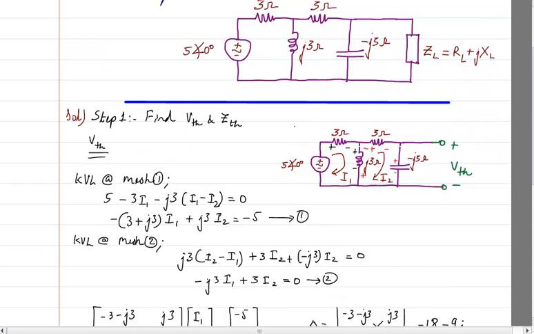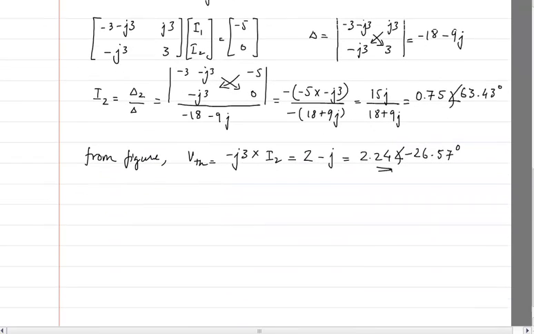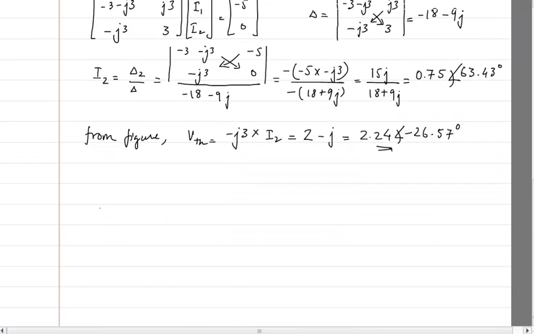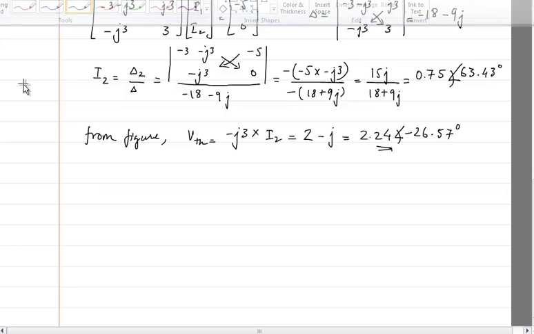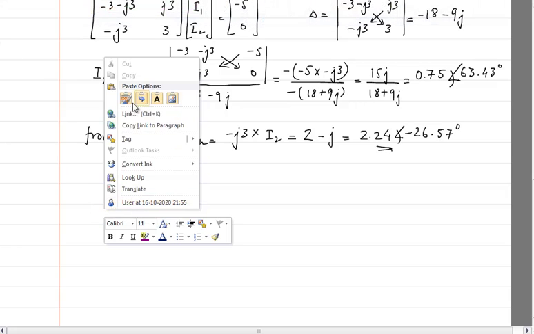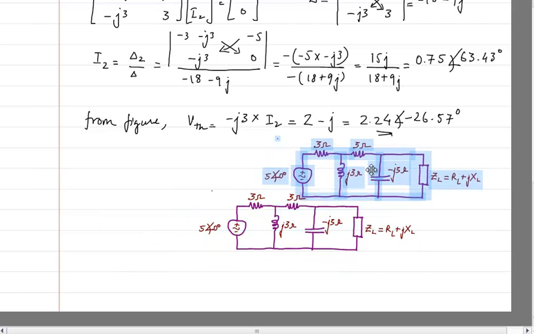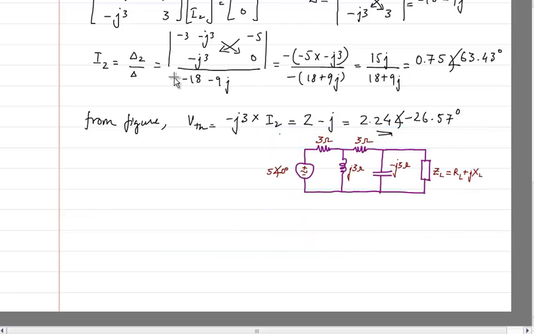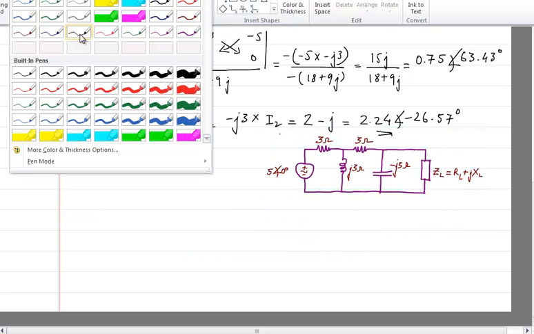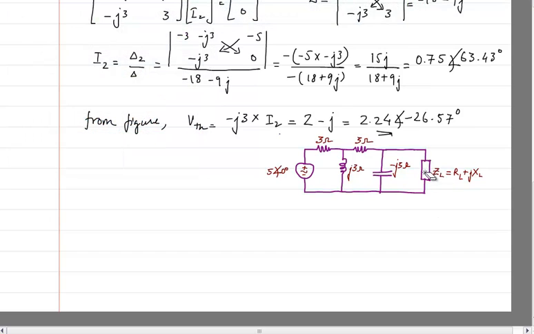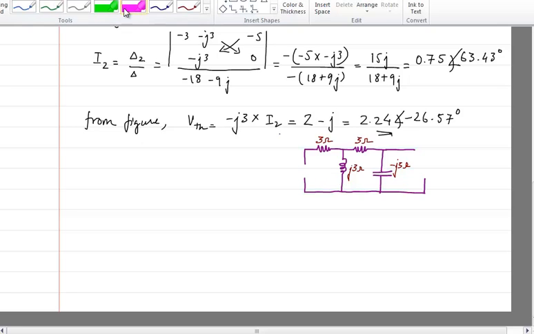Next is finding ZTH. For finding ZTH, again I have to use the diagram. So let me put it. Okay, so for finding ZTH, first thing that I have to do is take out the voltage source, and instead of that I have to keep it as a short circuit.